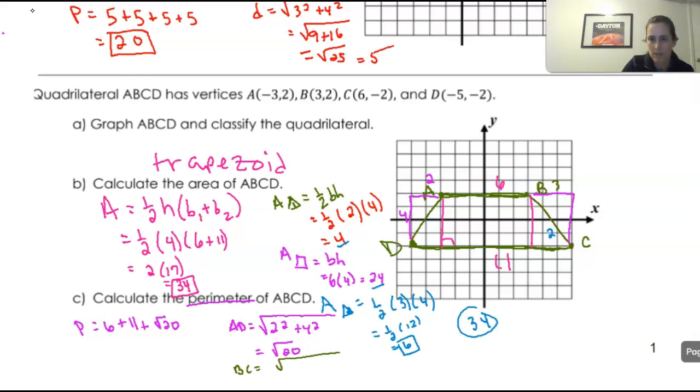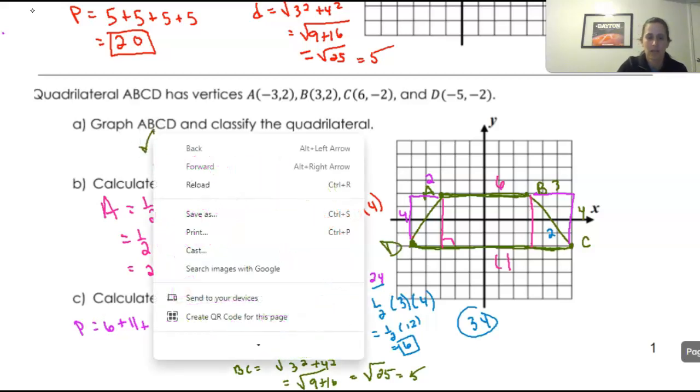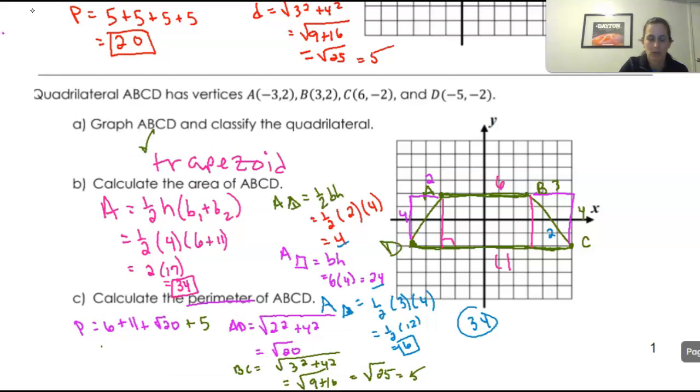And I know this base is 3, this height is 4, so it'd be 3 squared plus 4 squared, so 9 plus 16 is 25, and the square root of 25 is 5. So this is not an isosceles trapezoid because the square root of 20 is not equal to 5. So it's just a trapezoid. And if I add up my perimeter, I'd have 11 plus 11 is 22 plus the square root of 20 would get me to 26.5.